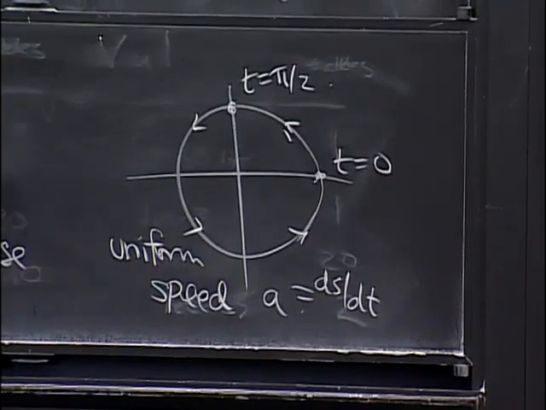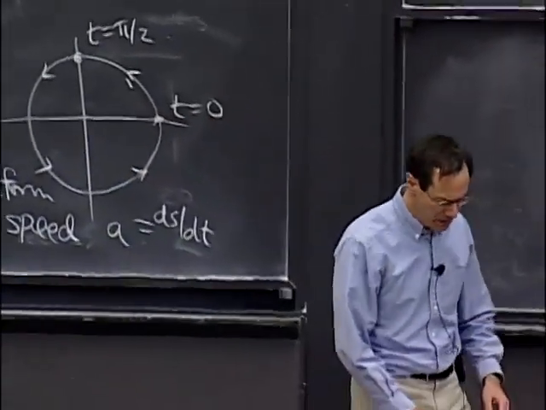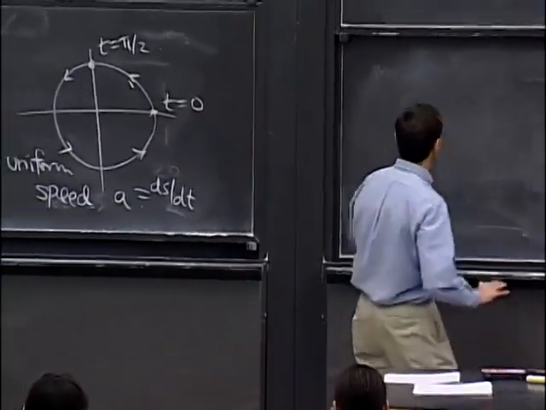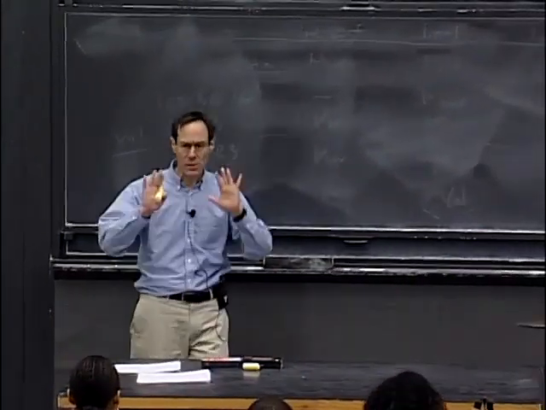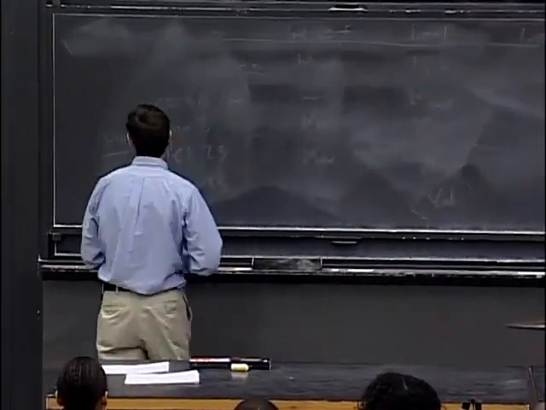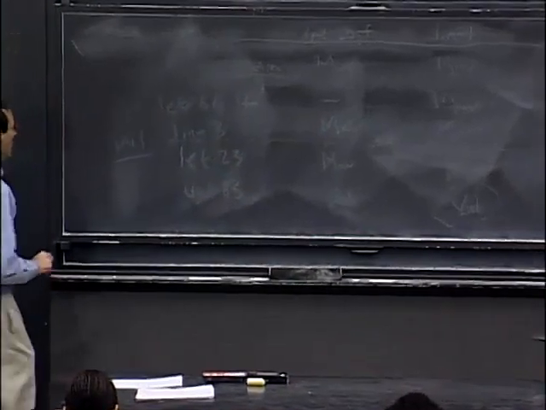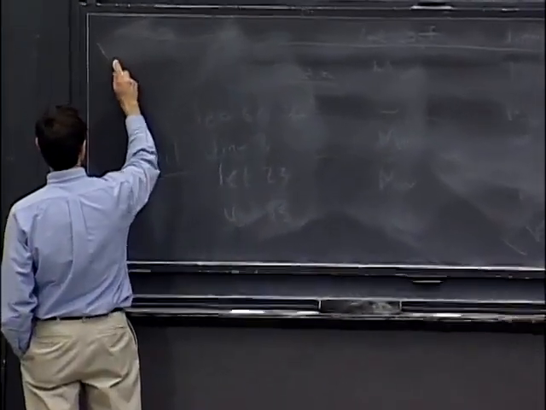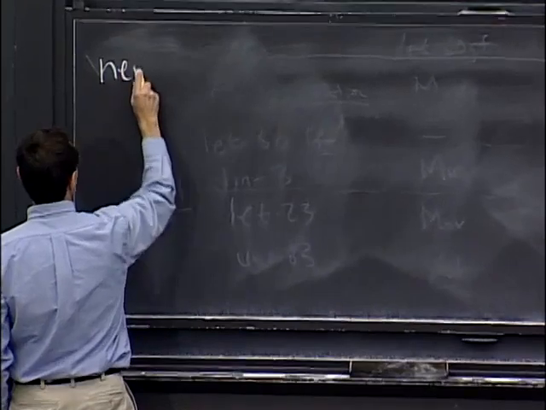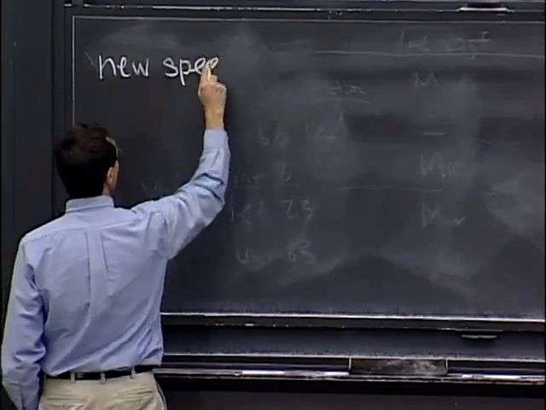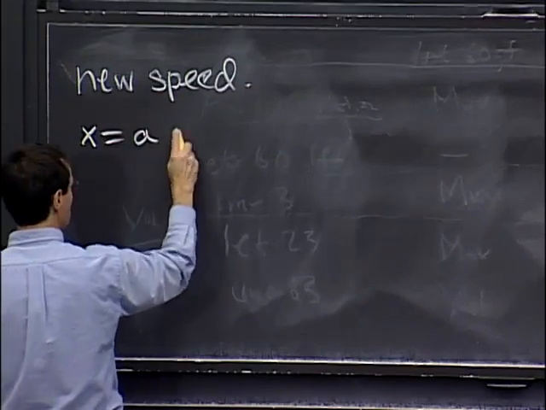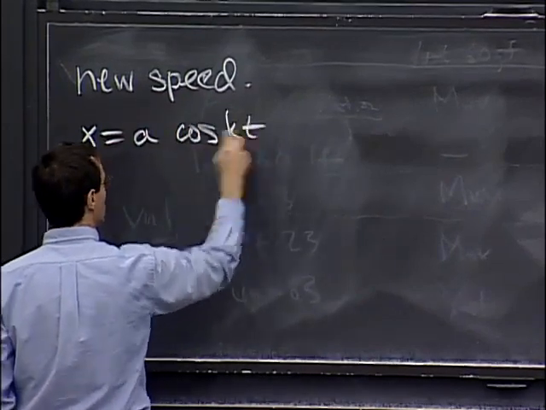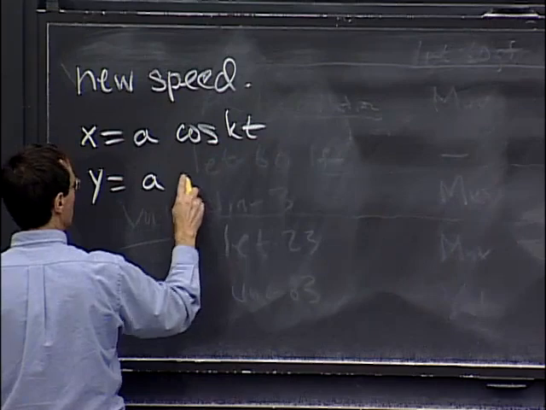And that means that we can play around with the speed. And I just want to point out the standard thing, which you'll have to get used to, and this is a standard presentation. You'll see this everywhere in your physics classes and your other math classes. If you want to change the speed, so a new speed going around this would be if I set up the equations this way.